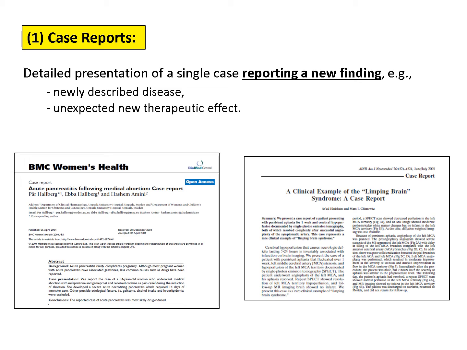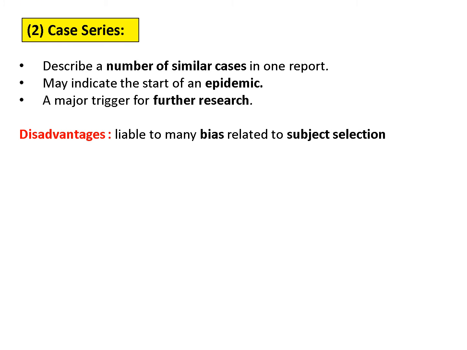We can see here, for example, case report on acute pancreatitis following medical abortion. So this is like an abnormal finding. That's why if they find an abnormal finding in one case, they write this abnormal finding and report about it, calling it case report.